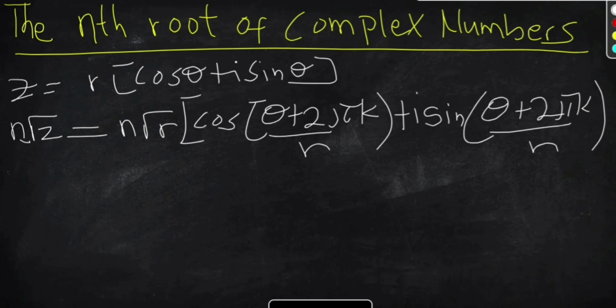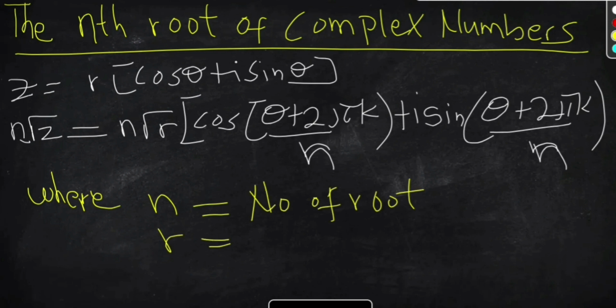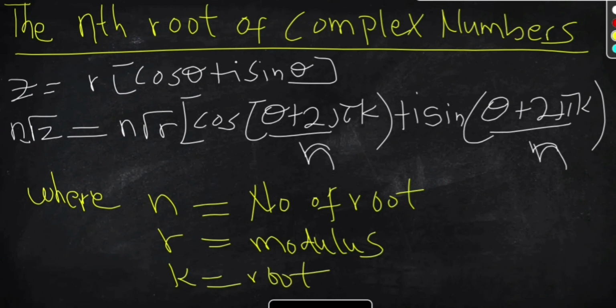This is the formula for finding the nth root of any given complex number, where n is the number of roots. r is our radius or modulus, k is the root index, and I'm going to talk about that again.